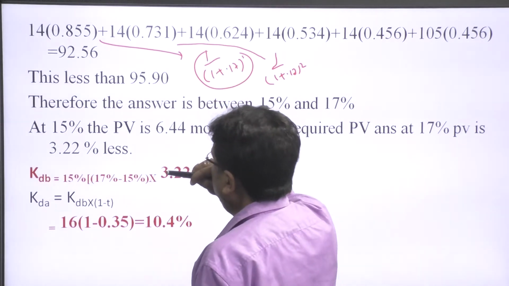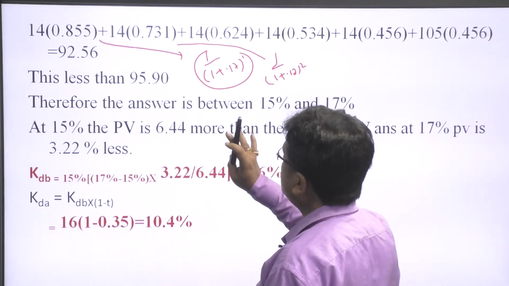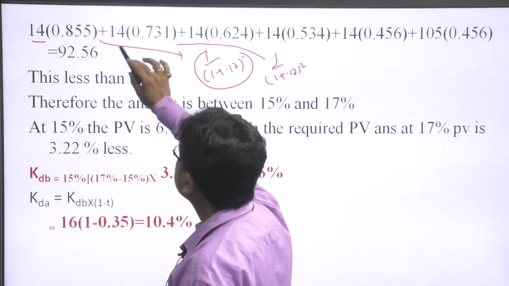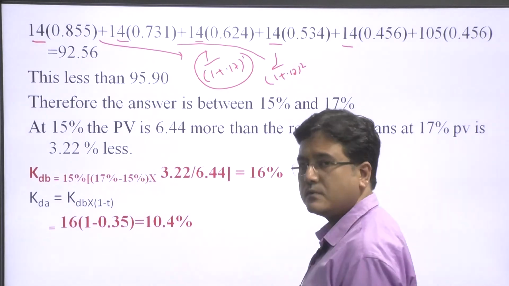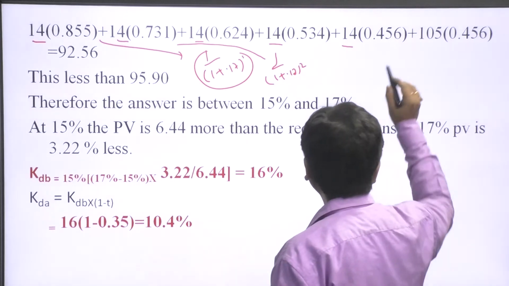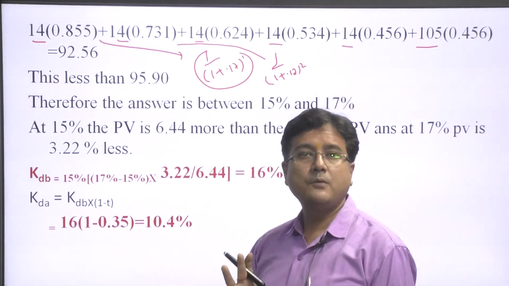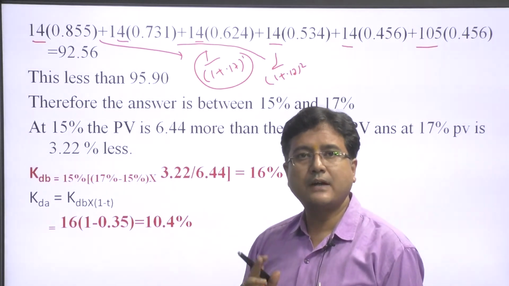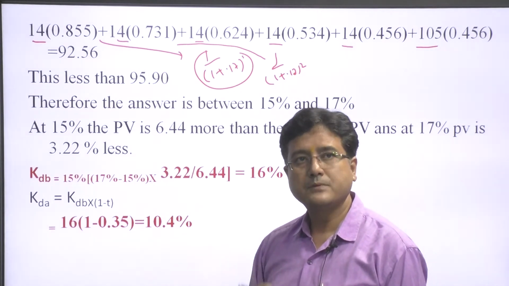For the 14, we multiply it with 14 till the 5th year, and at the end of the 5th year we multiply with 105, because the redeemable value is at 5% premium. So 105 rupees is the redeemable value, multiplied with the same 0.456, and we receive this one.